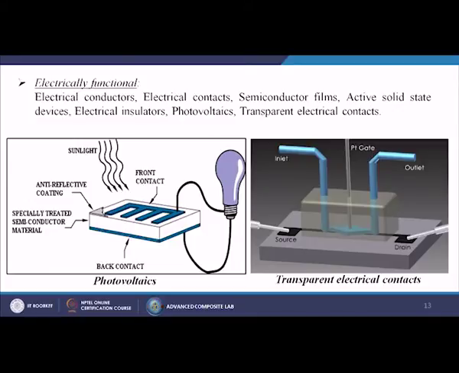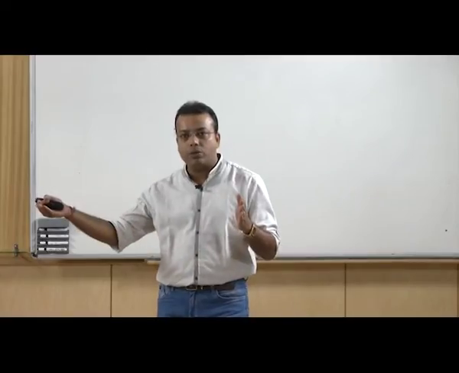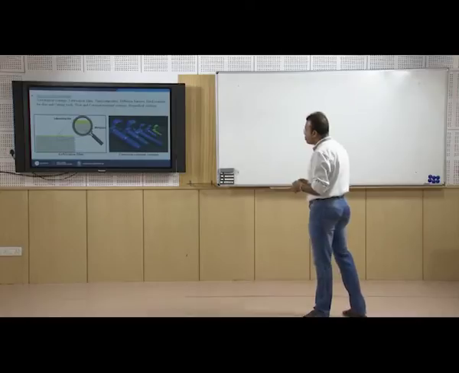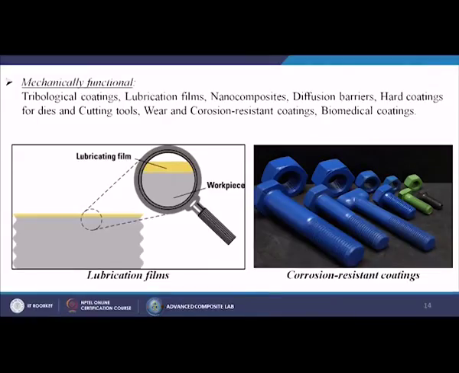In this particular case we are using certain things for photovoltaics applications, and on the right hand side we are using the transparent electrical contacts, so that the electrical energy can pass from one side to another very easily.